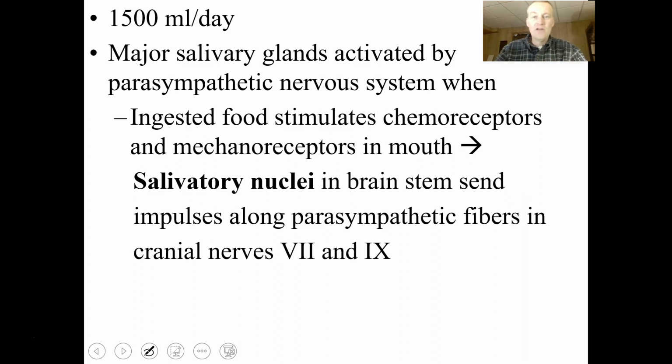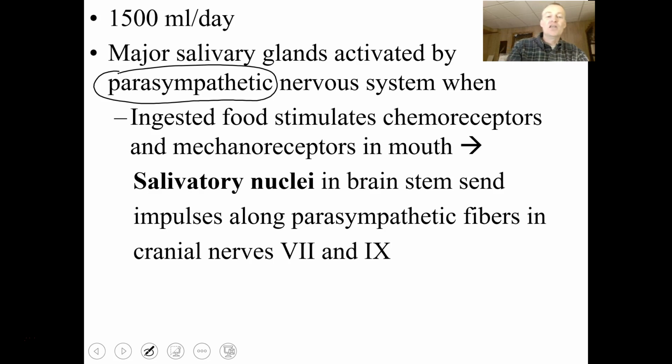So the major salivary glands are activated by the nervous system. The parasympathetic nervous system is going to stimulate it to increase salivation. The thing that activates the parasympathetic nervous system is the ingested food. We do have chemoreceptors and mechanoreceptors that can sense the chemicals and also just the stretch of food in your mouth.